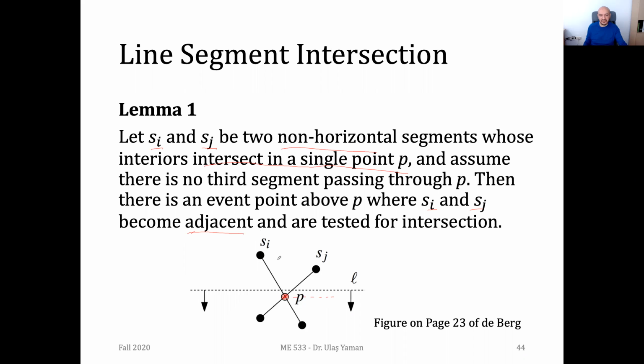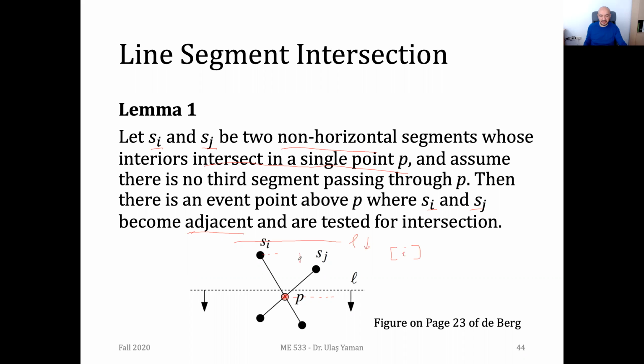Why is that? Let's assume that our line L is here, going downwards. This is an event point, right? An upper event point. So our status data structure will be just I. And since we have a single one, we can't do any check operations.